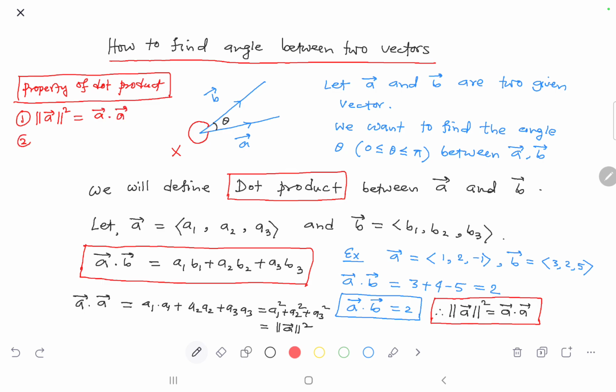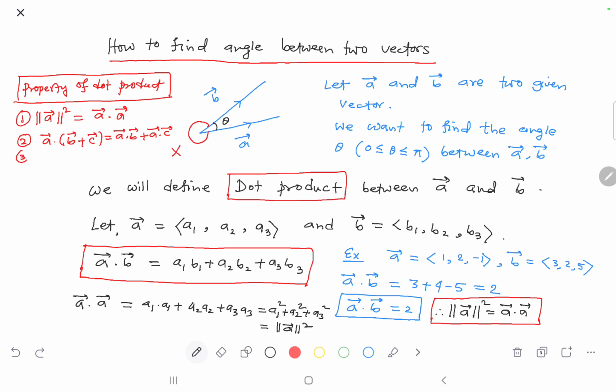And then second, if you take A vector dot (B plus C), you get from the definition that this is nothing but A dot B plus A dot C. Okay?